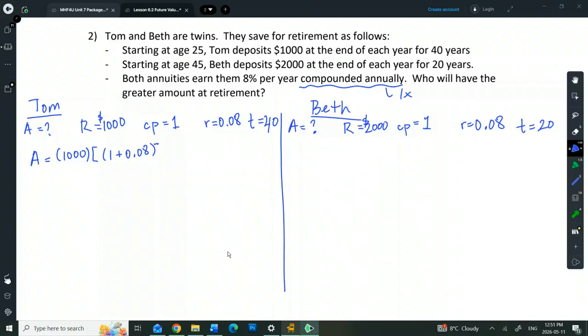And then T times compounds per year, that'll be 1 times 40. So our exponent is just going to be 40 there. And then again, we have rate over compounds per year, so that's just 0.08 since we divide it by 1.